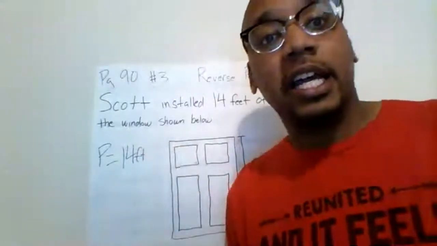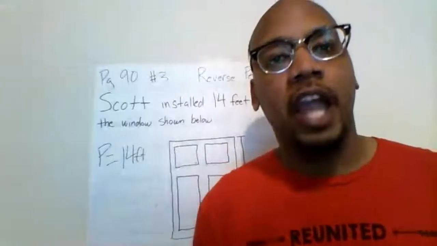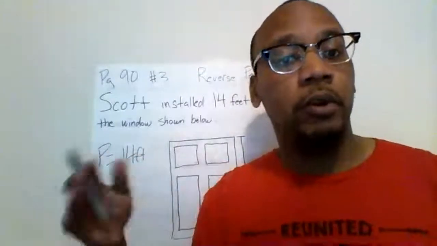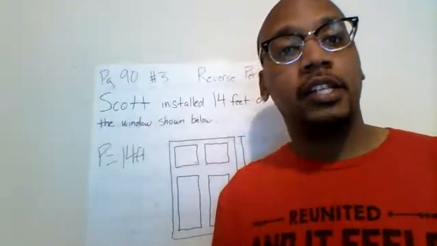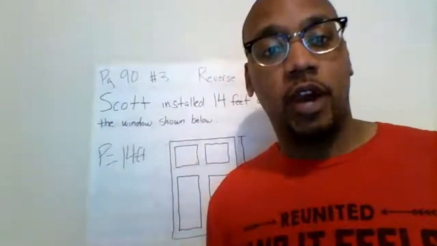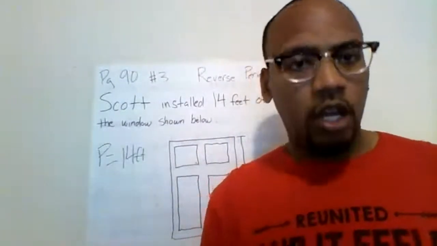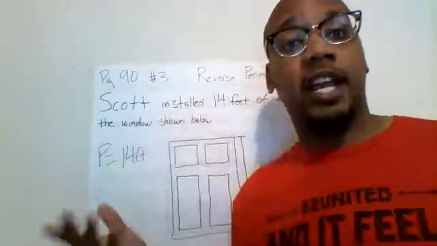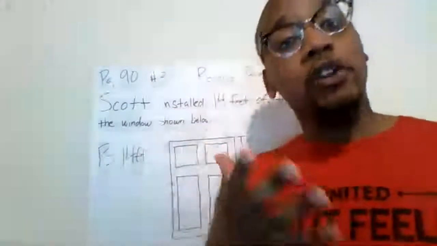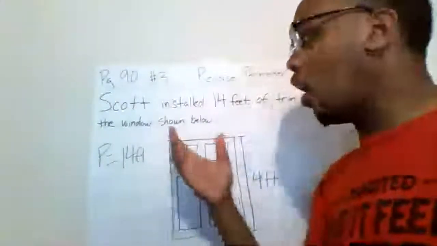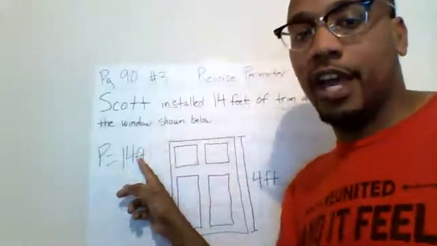In my class, someone recently showed me a perimeter problem, and I told them that's reverse perimeter. Just to explain it again, reverse perimeter is when they already give you the perimeter, and then you have to find a missing side.